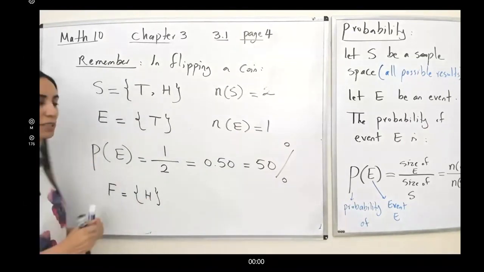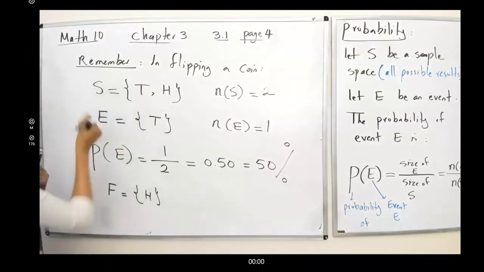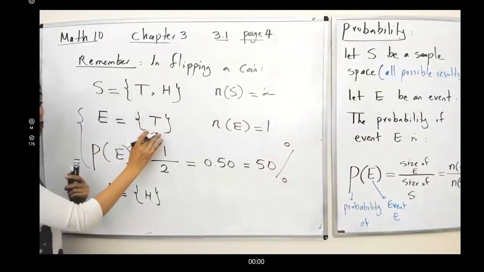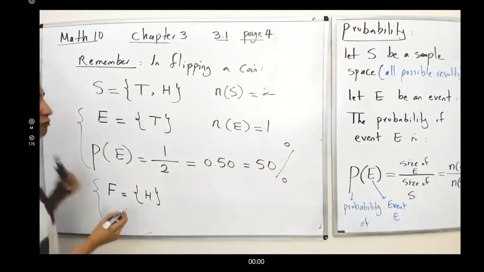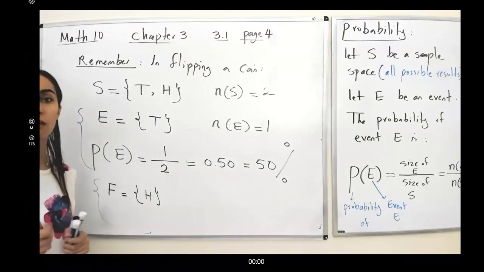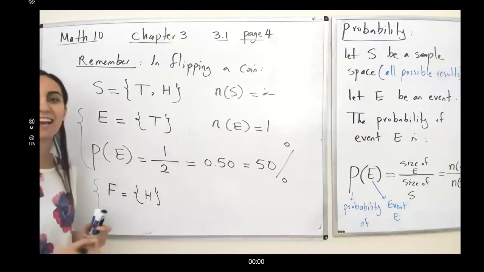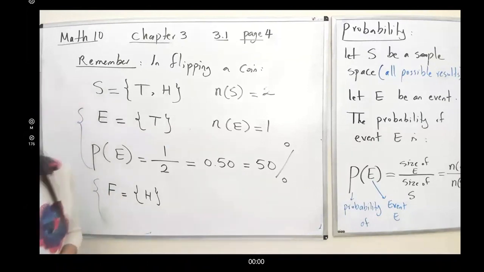What is the probability of F? Go ahead. What is the probability of you flipping a fair coin once and you get head? How do you calculate that?